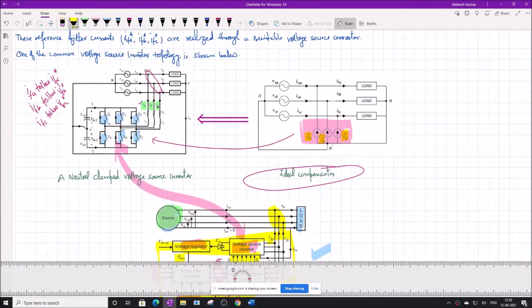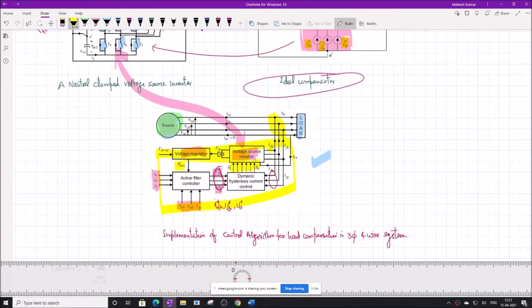That I will describe in the next section as state space modeling and its digital implementation. But before that, we will take one example, and based on that example, we will understand the concepts that we have described.